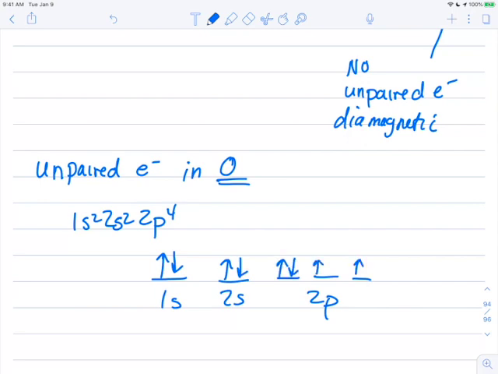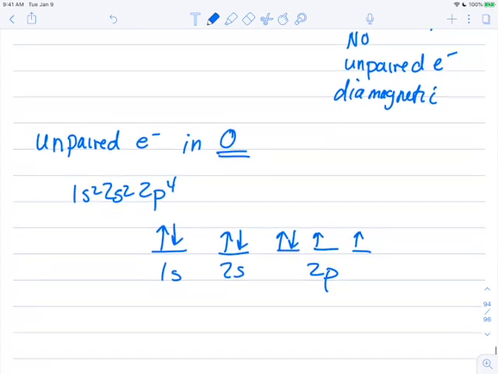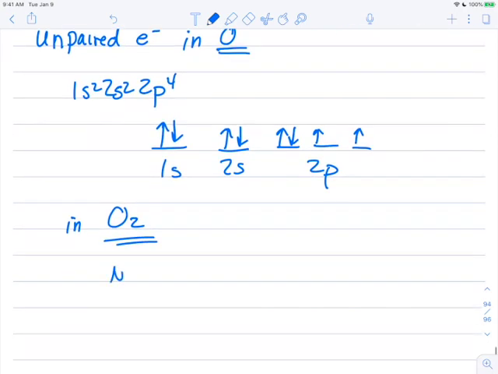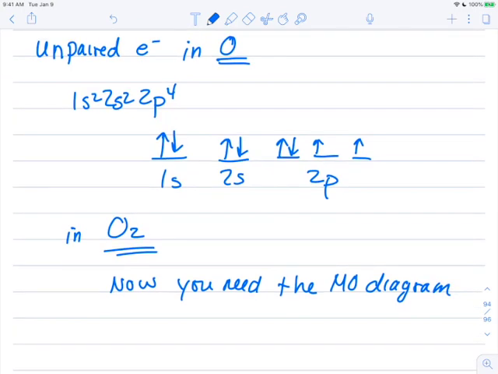And now you could say one oxygen all by itself is paramagnetic and has two unpaired electrons. But if I asked you not for oxygen, but in O2, it's a molecule, now you need the MO diagram. Does that sort of make sense why you would need the MO diagram for O2?